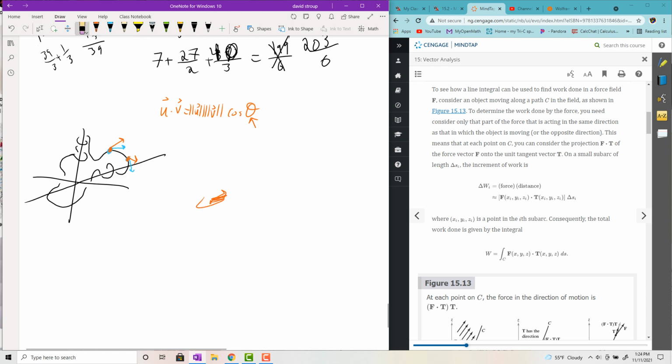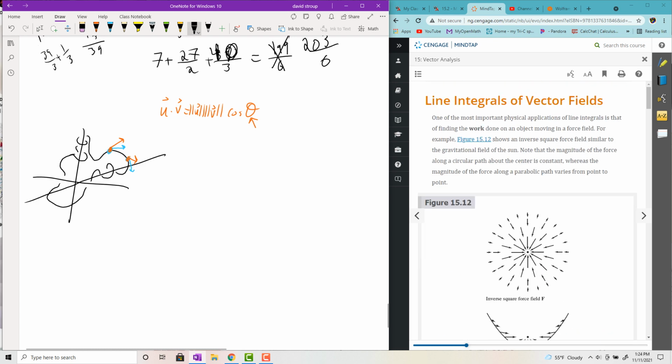So let me erase this and introduce a section. We're talking about line integrals of vector fields. Okay, so maybe I put it in here, line integral of vector fields.